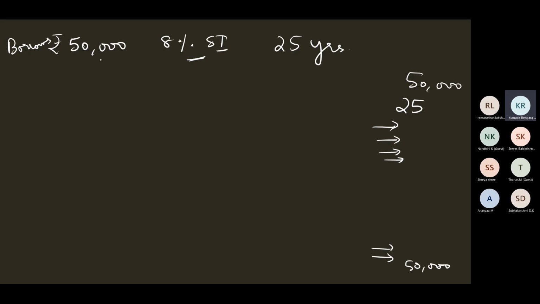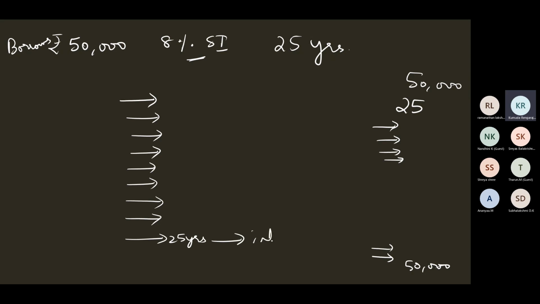So if you borrow 50,000 at 8% simple interest for 25 years, every year for 25 years you pay the interest portion at 8%. At the end of 25 years, you pay the interest for that year and return the principal money of 50,000. Okay, so I've told you how simple interest works.